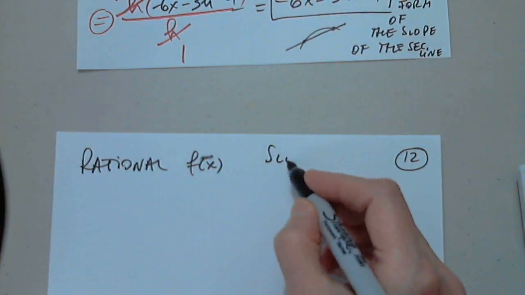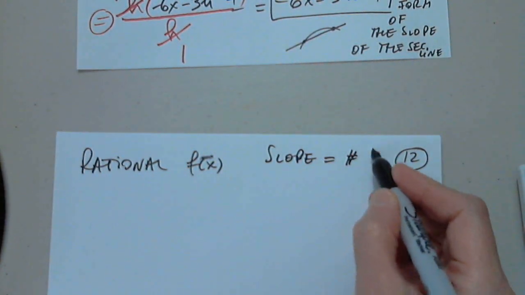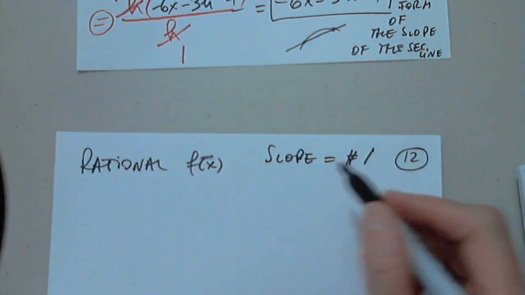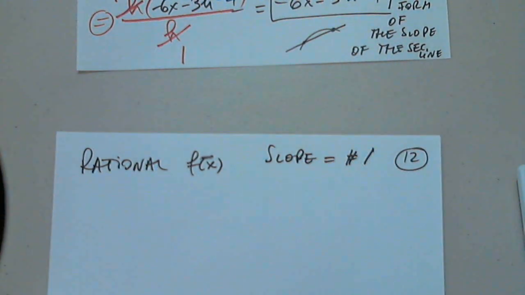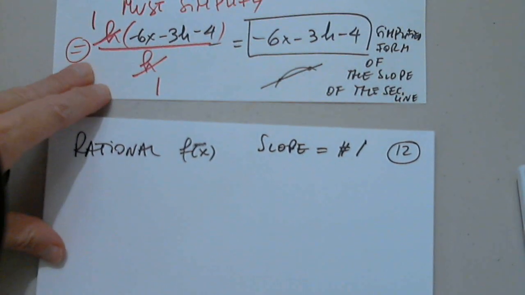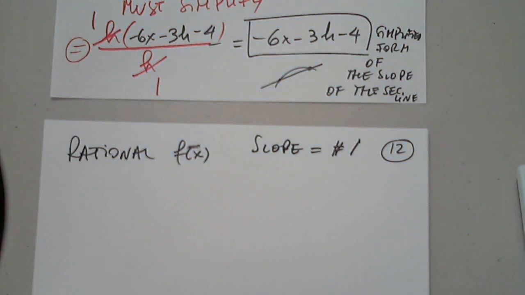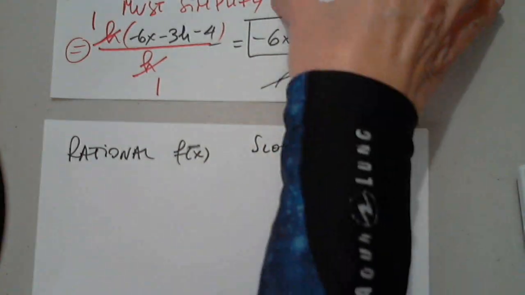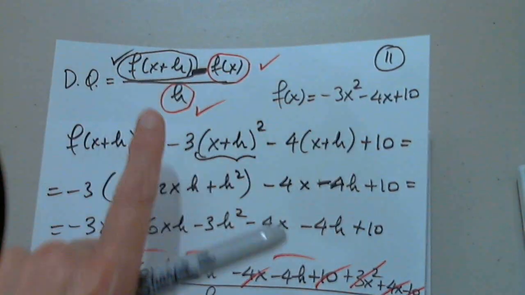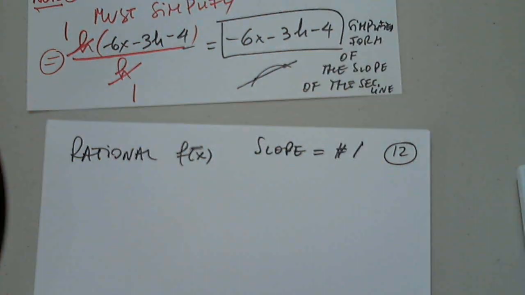So slope equals a number. So this is a number, but I don't have x. And I did not determine a particular number, but the slope is a number. I can't put this in a slope form. This is the slope form, and the simplified form is this.